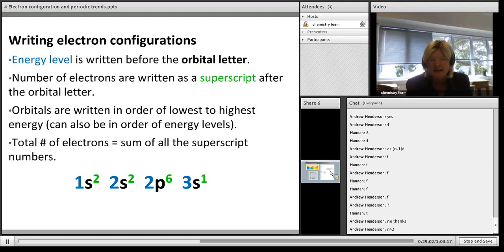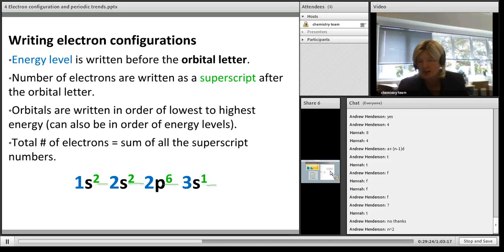Okay, now to check if you made a mistake, add all your electrons up. So add the two, so just showing over here. So 2 plus 2 is 4, plus 6 is 10, plus 1 is 11. You've got 11 electrons.